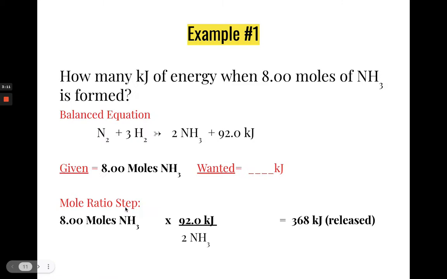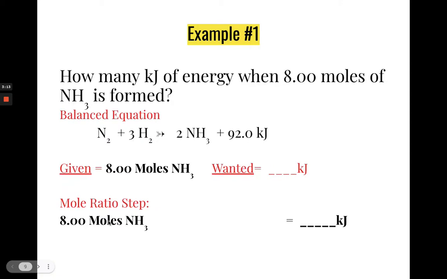Oops, I'm showing it to you. So you got a little peek at that. But 8 moles of ammonia, okay, and we're trying to go to kilojoules. Now we're going to take the ratio from the balanced equation. So again, we're going to take this 92 and put it on top, and then we're going to find the given coefficient and put that on the bottom, because this is based on when we form 2 moles of ammonia, we get 92 kilojoules.